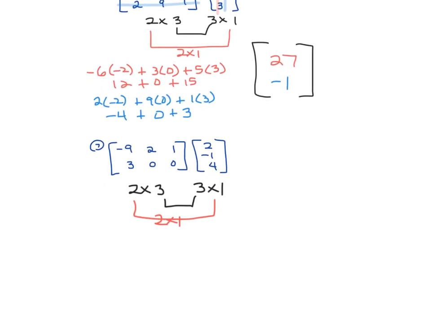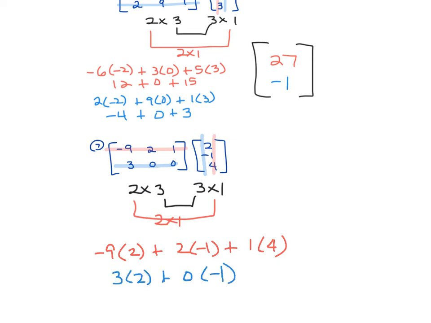So again, row 1 times the column, -9 times 2 plus 2 times -1 plus 1 times 4. And then I'll shift over, row 2 times the column, 3 times 2 plus 0 times -1 plus 0 times 4.